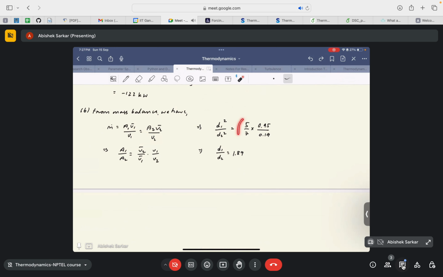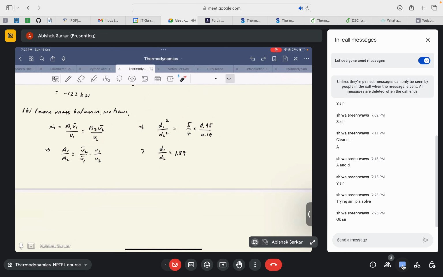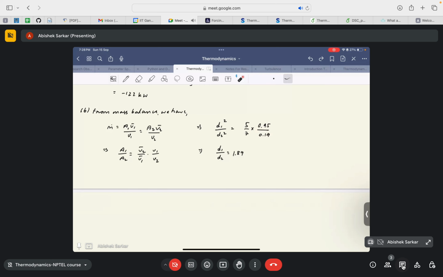And once you do this calculation and take the square root of it, you will get that d1 by d2 is equal to 1.89. Is it clear? Okay, then let us go to the next question.